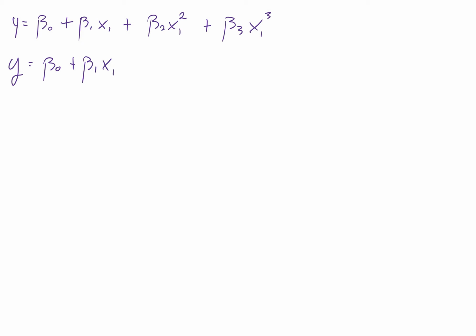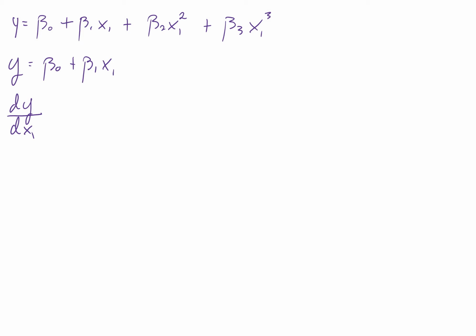In order to find the effect of x on y, we took the derivative of y with respect to x. In other words, we're asking, how does y change as x changes?